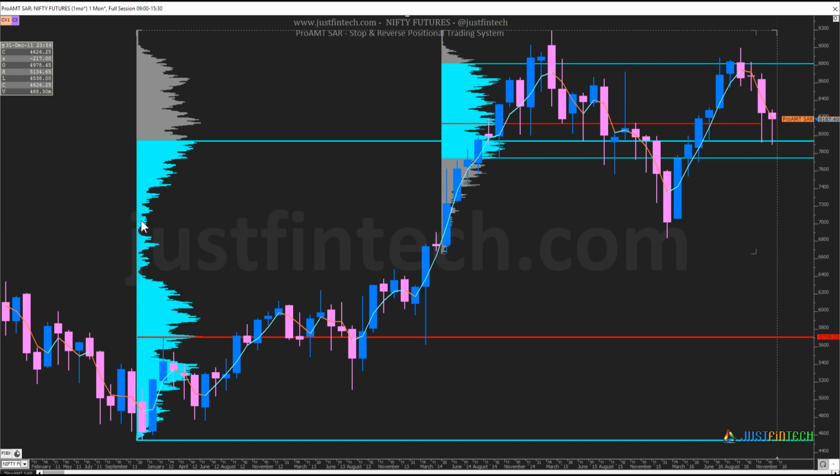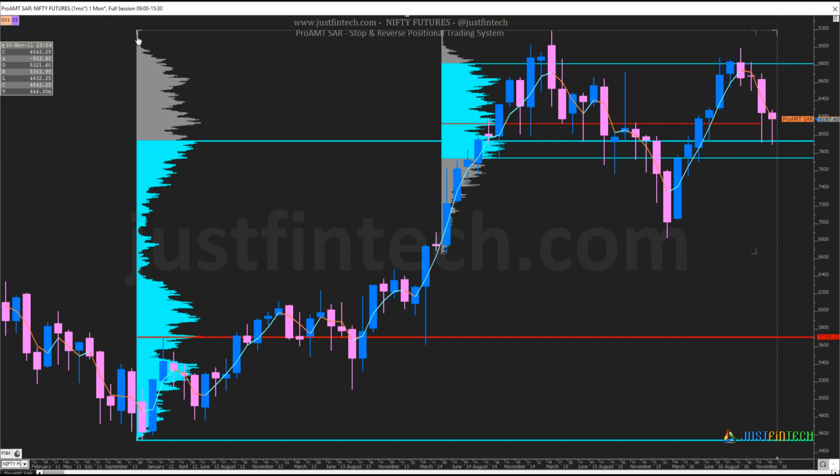So this cannot be considered the same auction. It is a different part. Maybe the market changed its behavior, a fresh auction started from there, and hence left this unauctioned area.